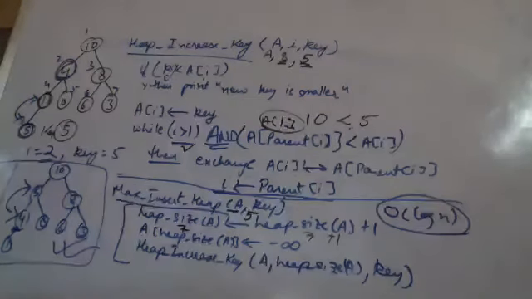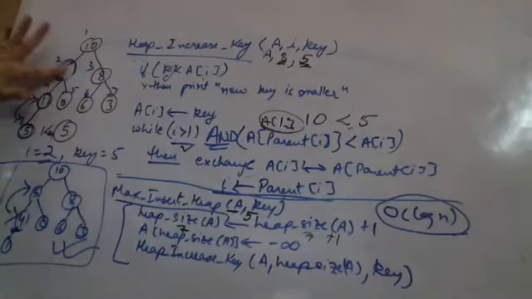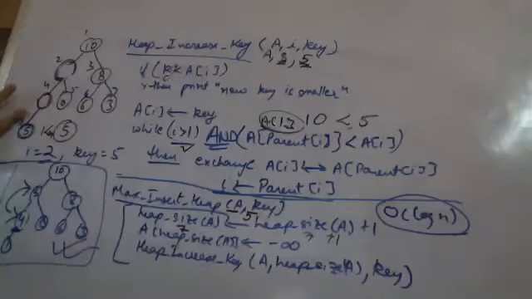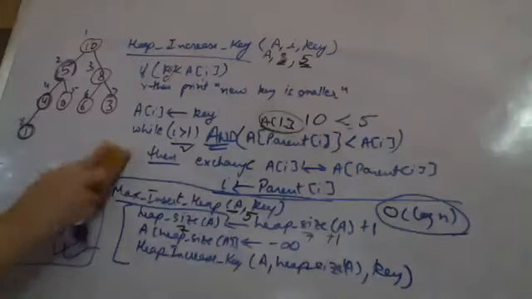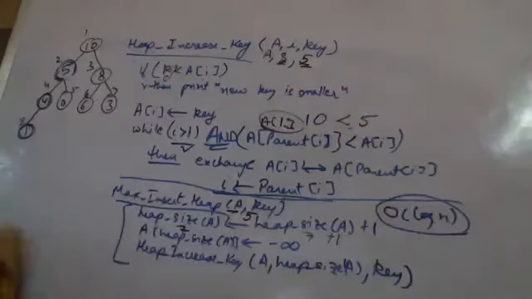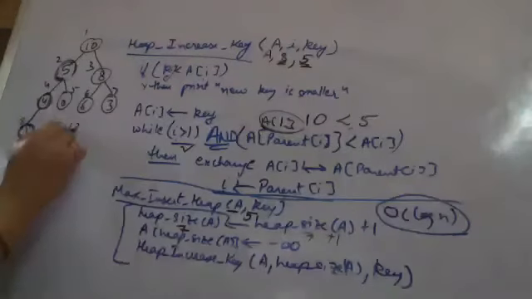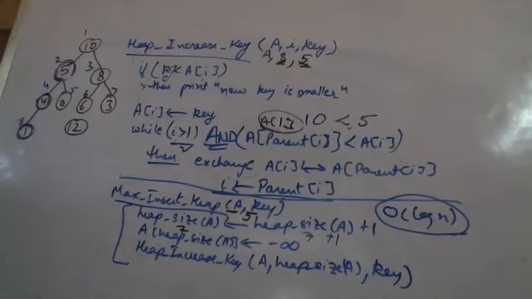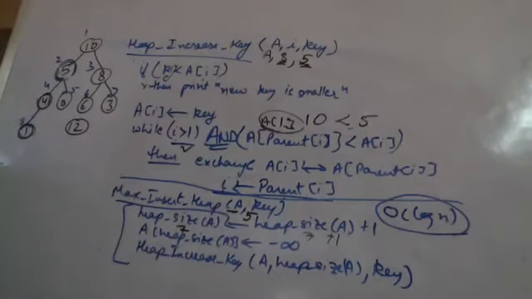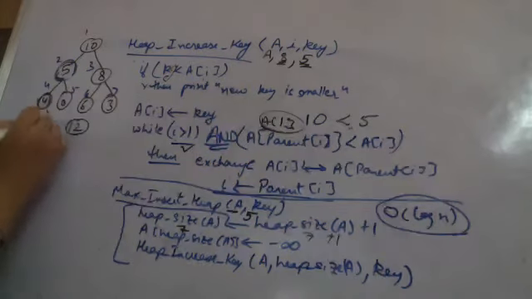Simple procedure. Supposedly this is my new heap: I have a 5 here, 4 here and here 1. Now this has become my heap. Now suppose I want to insert another key here, say 12 for example. I am intentionally taking 12 because it will go to the top level. Insertion will normally happen at the next possible position, so 12 is inserted at A of 5.